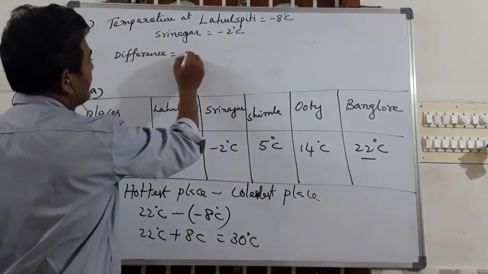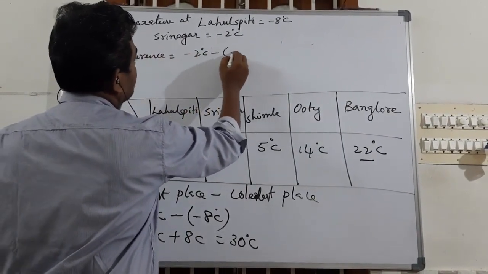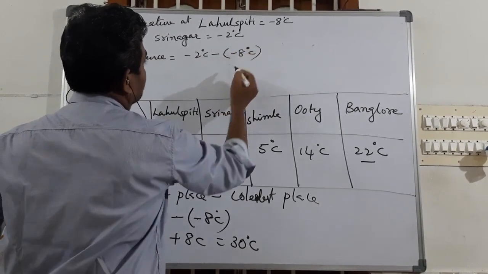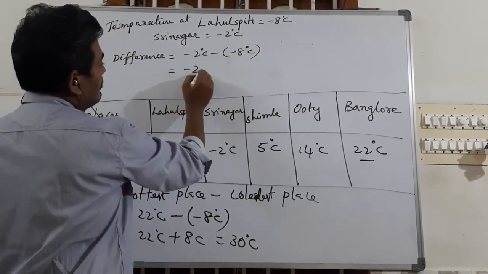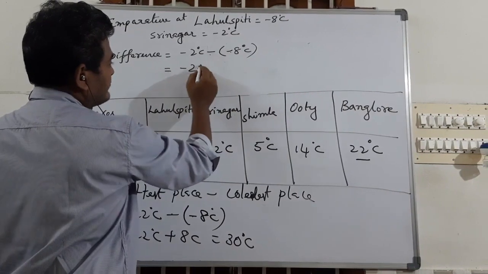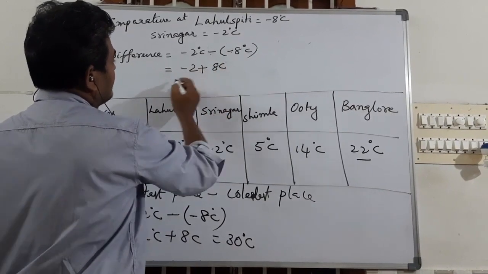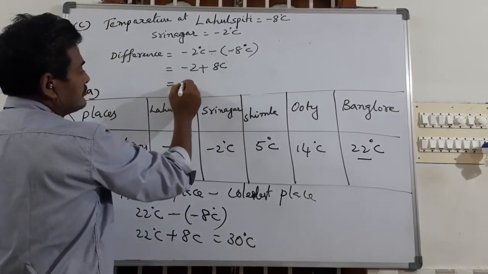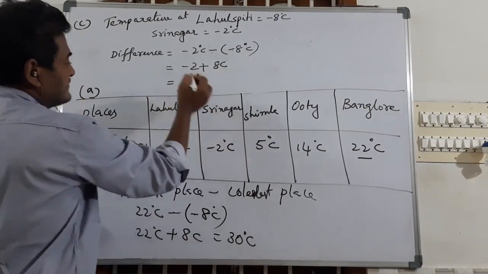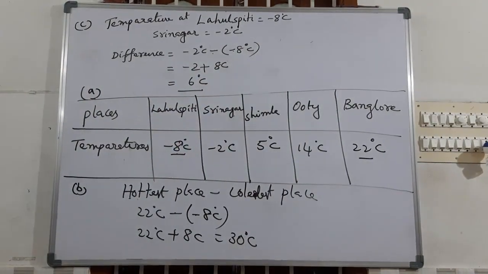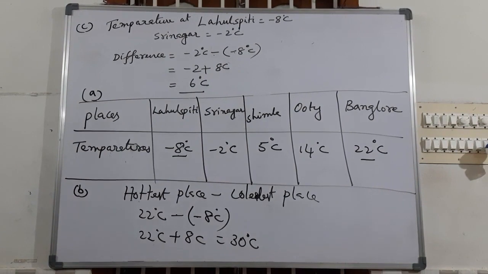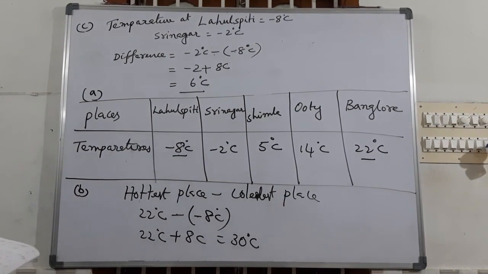Difference means minus 2 degrees Celsius minus minus 8 degrees Celsius, that equals minus 2 minus into minus plus 8. Now 8 minus 2 is 6 degrees Celsius. This is the C question answer.